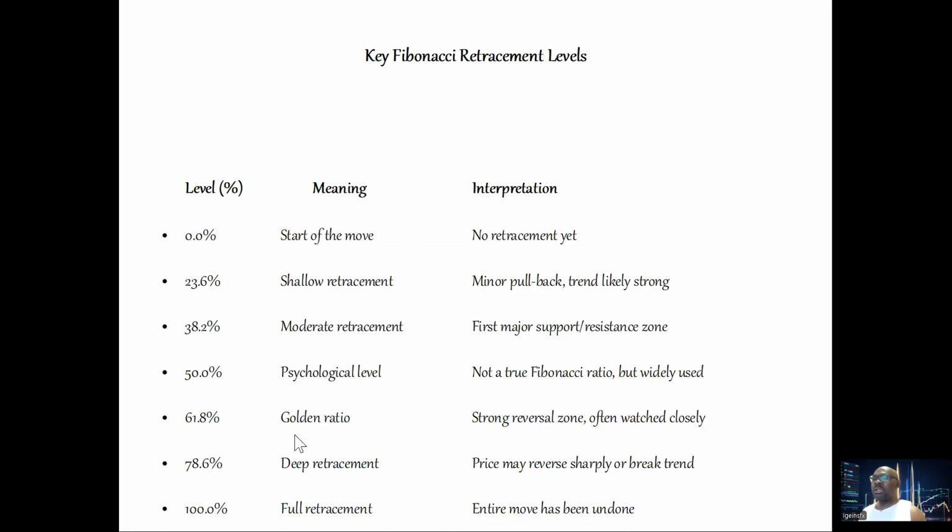And once it does, that means it will pull back to 61.8. That 61.8 is the Fibonacci golden ratio. When price pulls all the way from this point to 61.8, we say it's a strong reversal zone, often watched closely by traders.